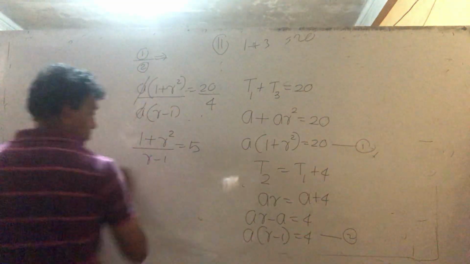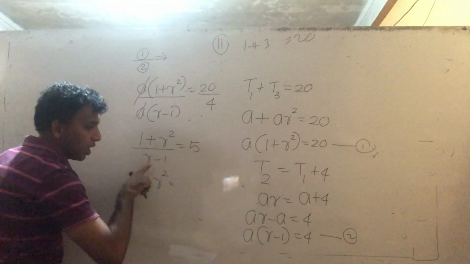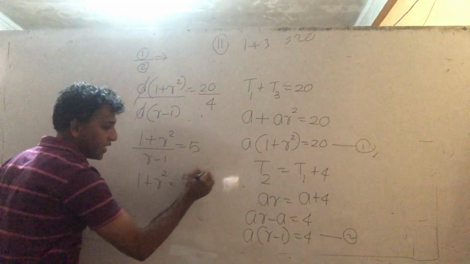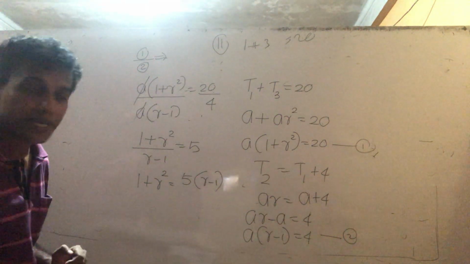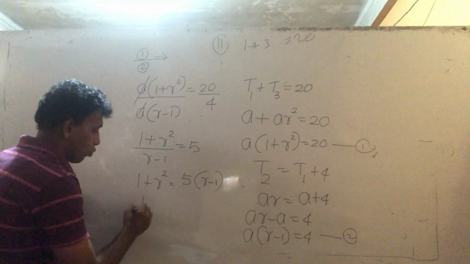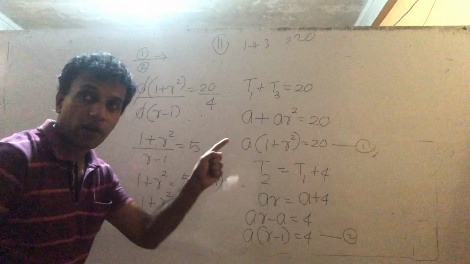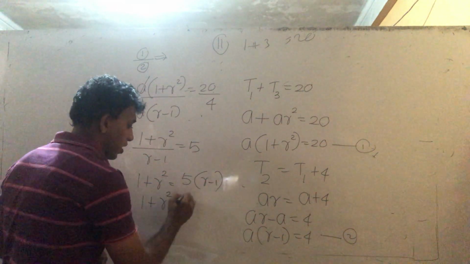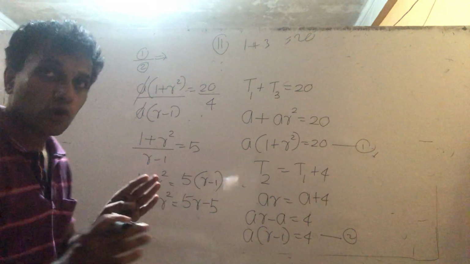So cross multiply: 1 plus r square equals 5 into r minus 1, which is 5r minus 5.